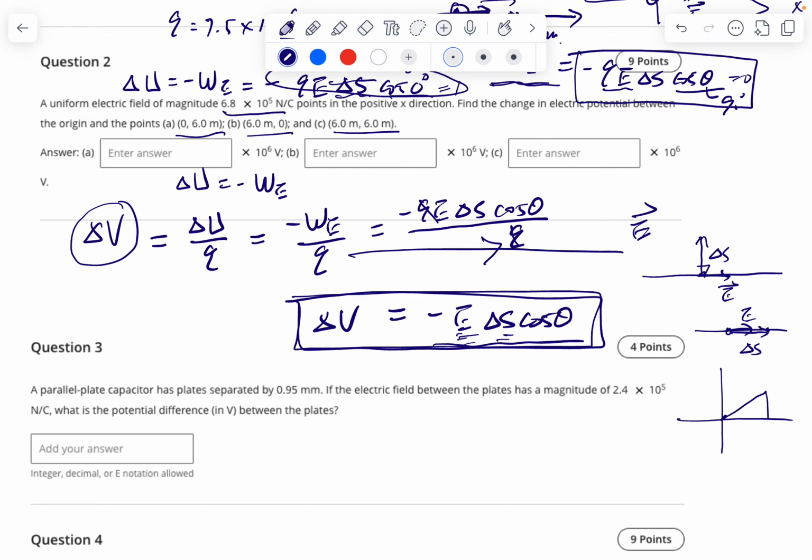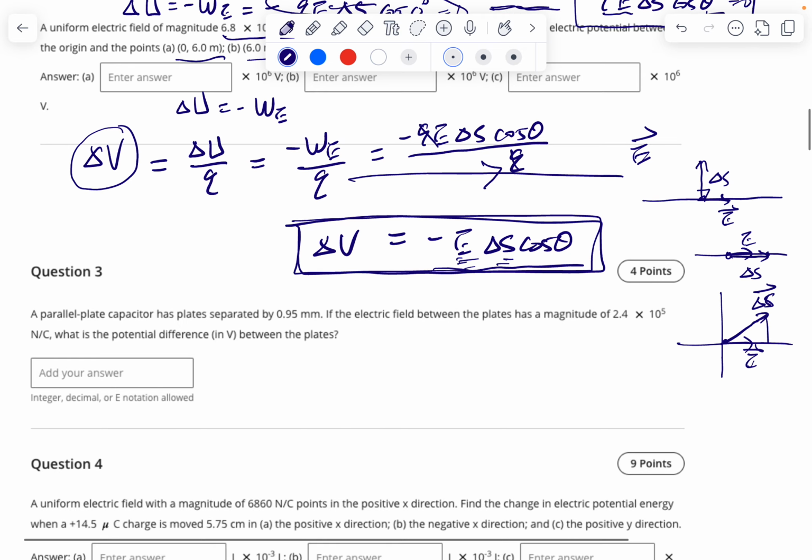This is your electric field, and this is the displacement. Just the same thing.